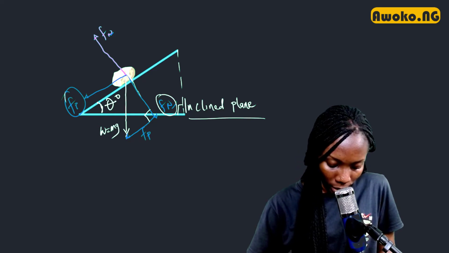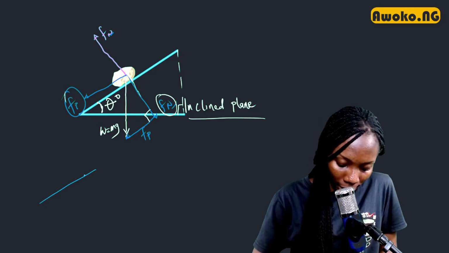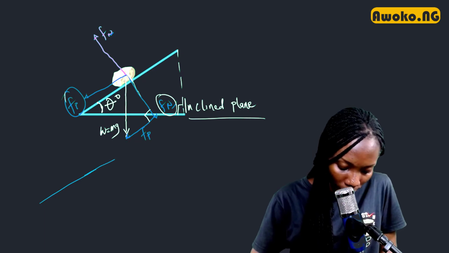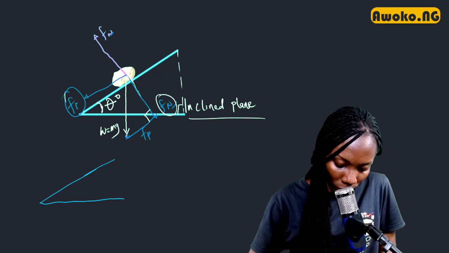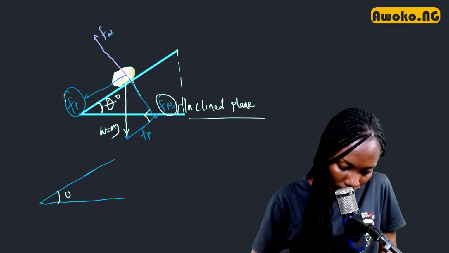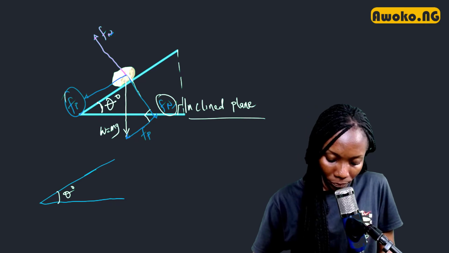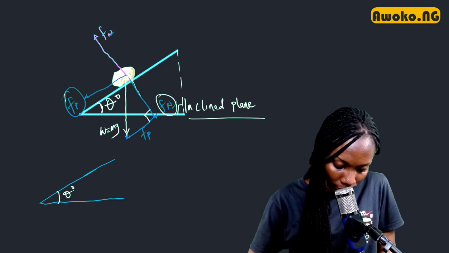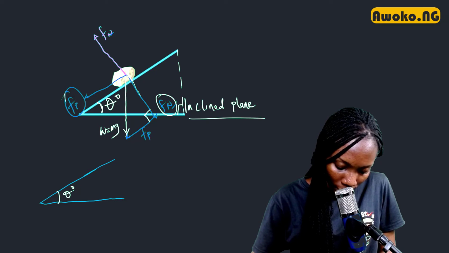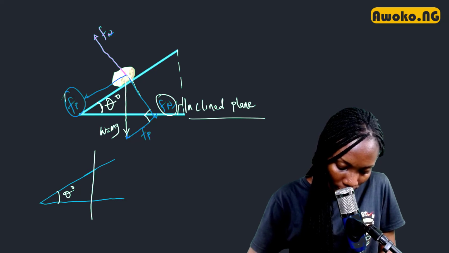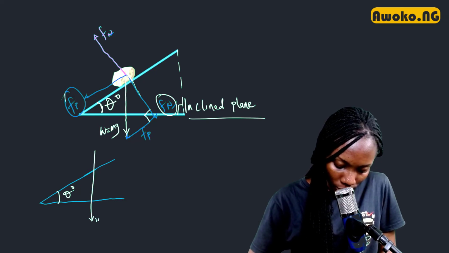Now let us redraw what we have here on another side of our page, so it doesn't confuse us. So this is our inclined plane. Now this is the angle it is making with the inclined plane, which here is theta degrees. All right, now this is our weight W acting downwards on the object.